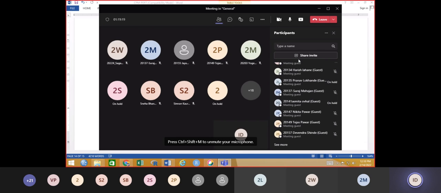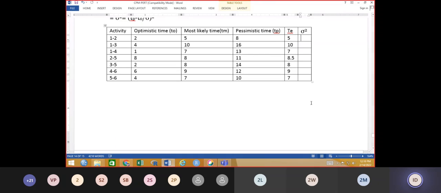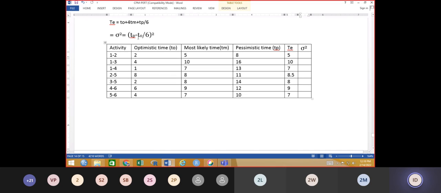Tell me. Come on, 1 to 2, how much? TP minus TO: TP is 8, minus TO which is 2, is 6. 6 divided by 6 is 1, and 1 raised to 2 is 1 only.